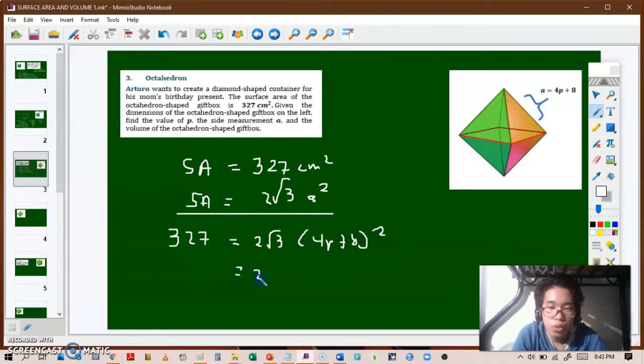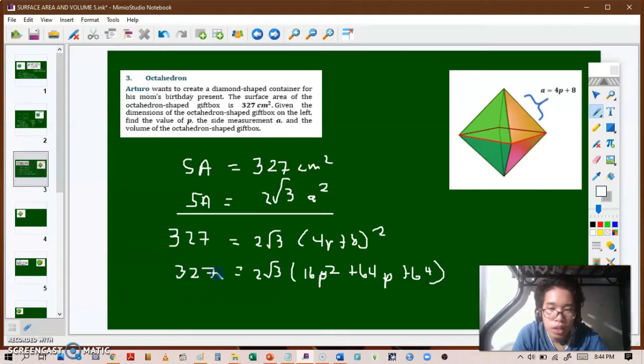So that will give you 2 times the square root of 3, times 16p squared plus 64p plus 64. That's all equal to 327.